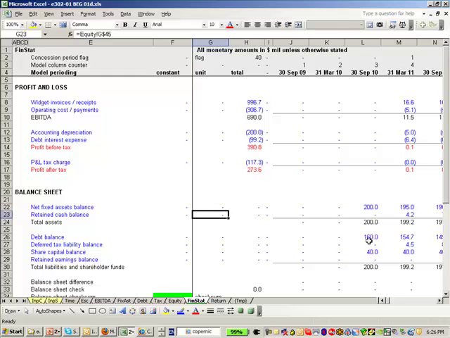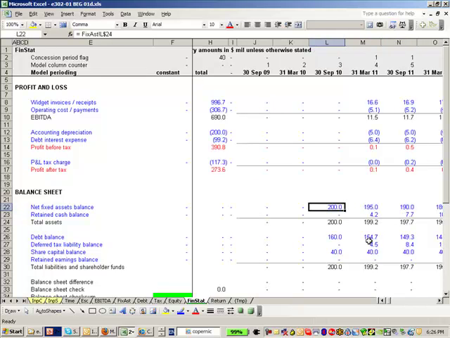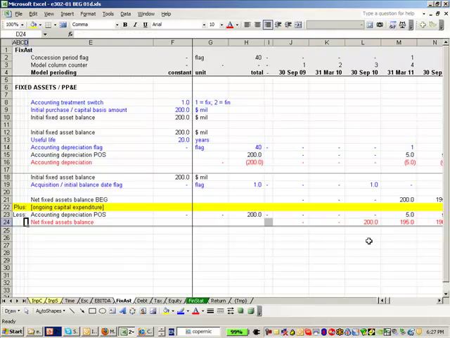Here's our widget plant, starting with our financial forecast at 30 September 2010 with $200 million book value. That's going to disappear and be replaced by a customer loan.